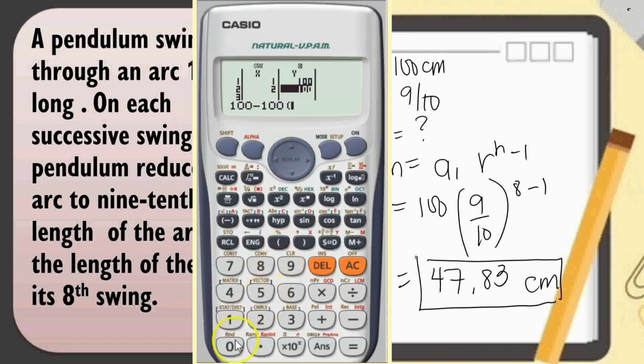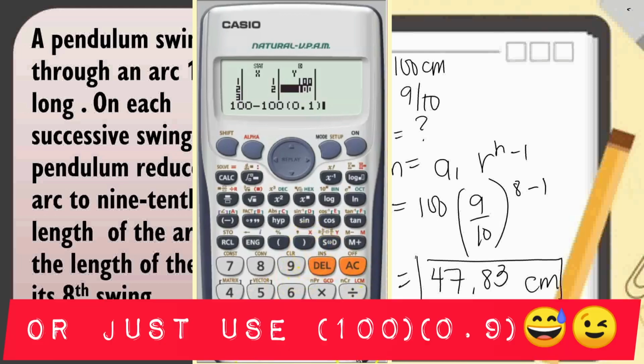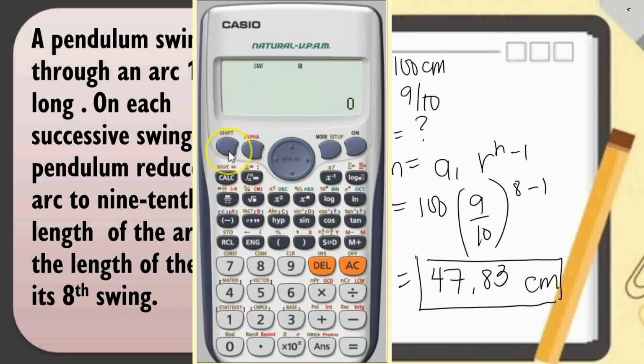So, minus 0.1. And next, AC lang natin. So, hanapin natin kung gaano kahaba yung arc on its 8th swing. So, shift 1, 5, 5. So, 8. Then, equal. So, 47.80.82969. So, tama naman yung sa manual solution natin.